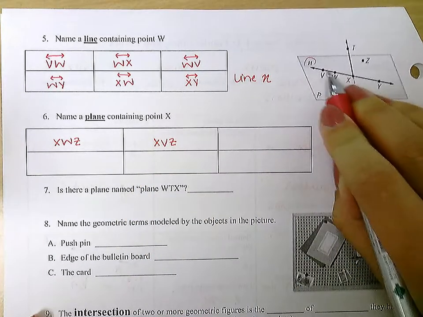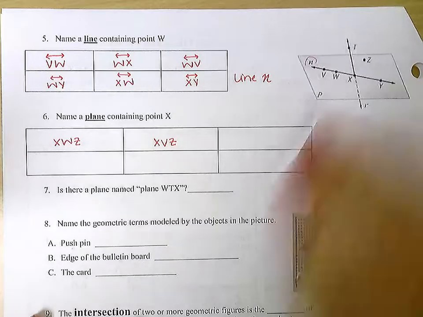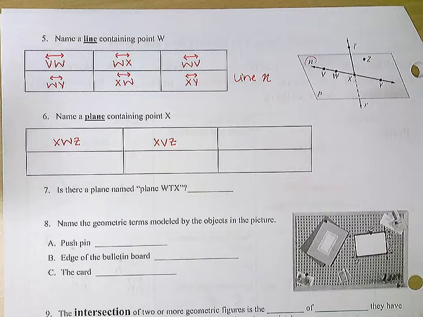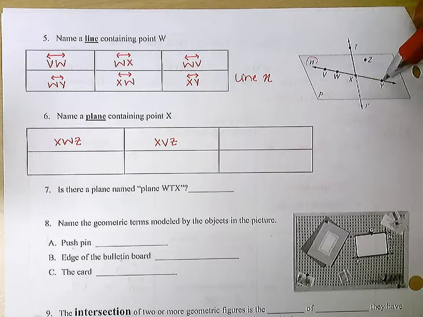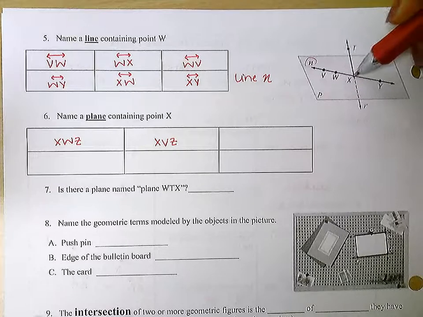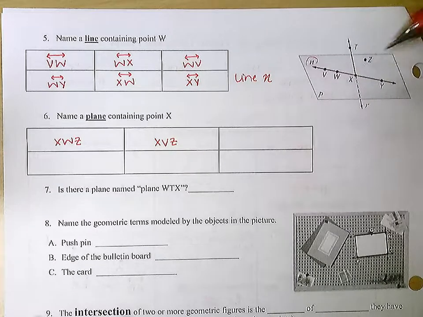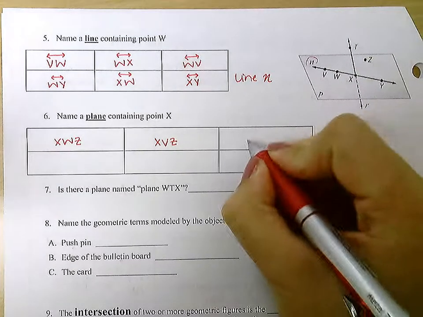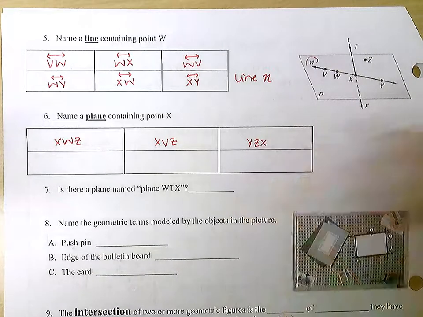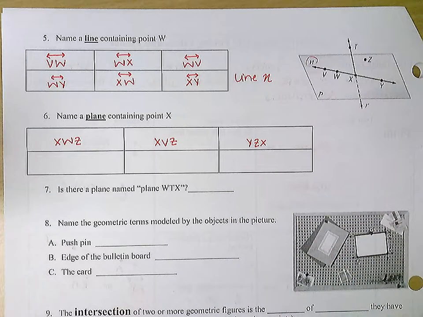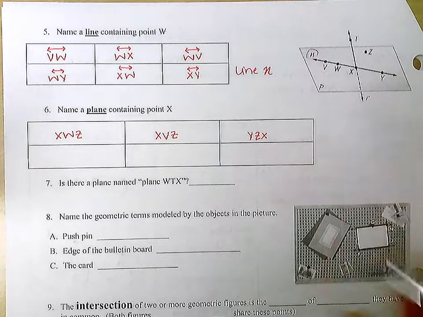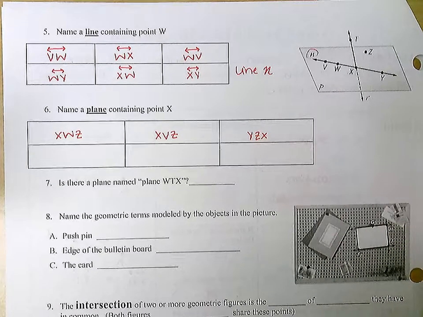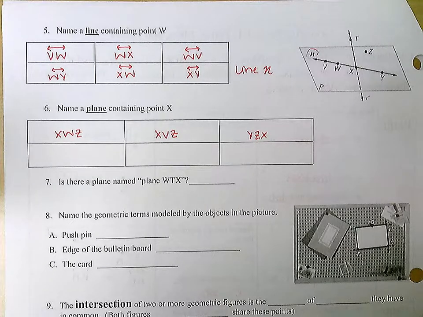Again, you can see that triangle pattern created between all of those points. Another one, let's start with Y this time. If I go Y, Z, X, right? Those are 3 non-collinear points. All right, I want you guys to do 3 more.